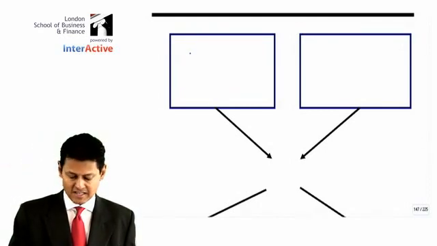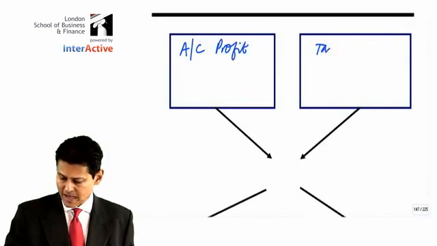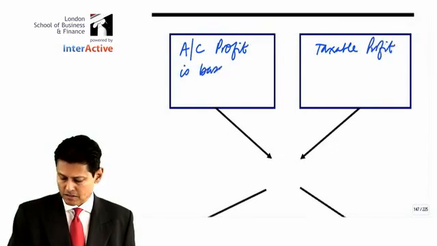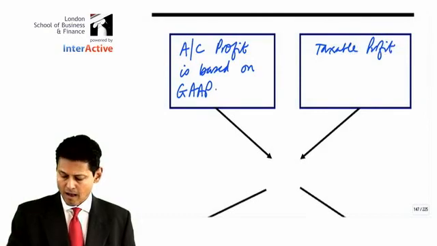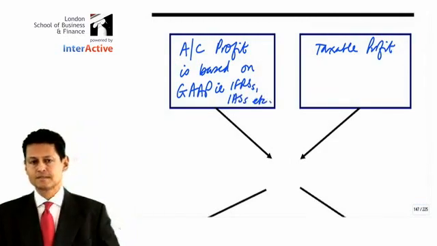So the deferred tax key concept, you have accounting profit and you have taxable profit. Accounting profit is based, of course, on generally accepted accounting principles, i.e. IFRSs, IASs, indeed any good accounting practice.